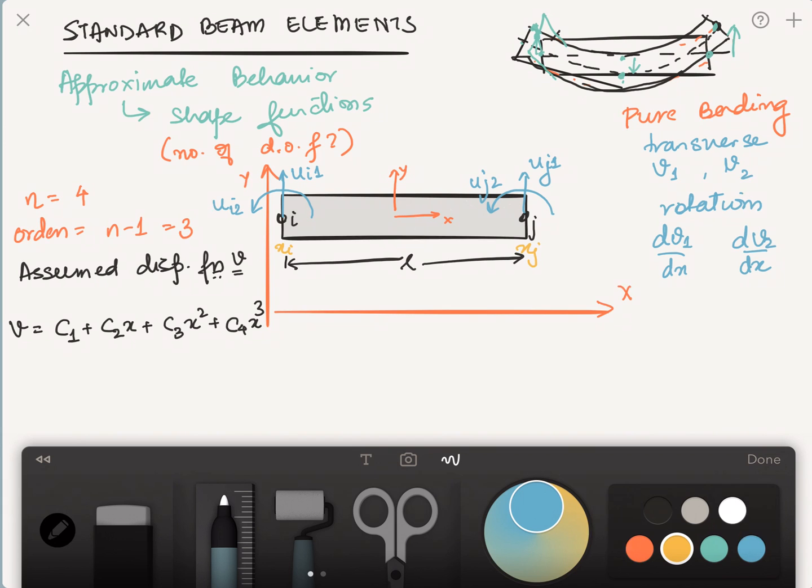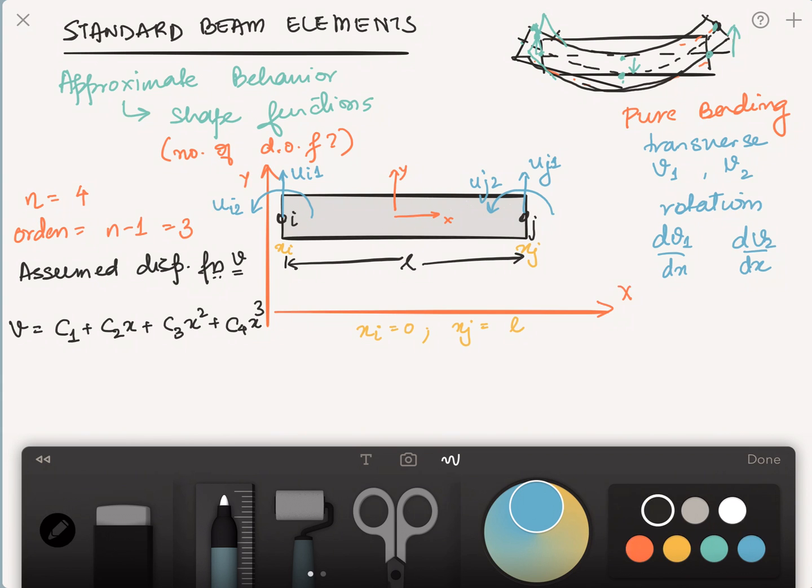If we say that xi is equal to 0 and xj is equal to L, which is the length of the element, then we can substitute these values into the assumed displacement function v for a certain node, and get the unknown values of the constants c1, c2, c3, c4, which are present in the assumed displacement function.